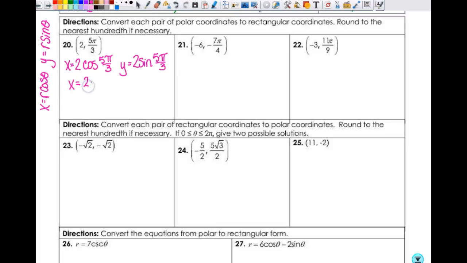So I get 2 times 1/2, which is 1. And then y is equal to 2 times the sine of 5 pi thirds, which is the square root of 3 over 2. In the fourth quadrant, it's negative, so it's going to be 2 times negative square root of 3 over 2, which is negative square root of 3. So this gives me (1, negative square root of 3).